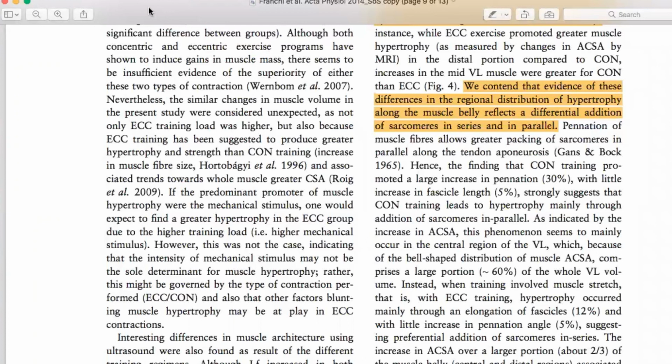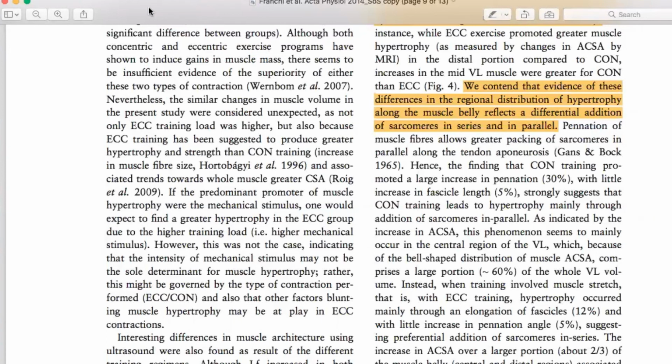Ryan Timmins talks very much about injury prevention, and I absolutely agree, especially in a muscle that always works in shortening, like the hamstrings. But even in the vastus lateralis, there are a lot of injuries that occur, also in the quadriceps.